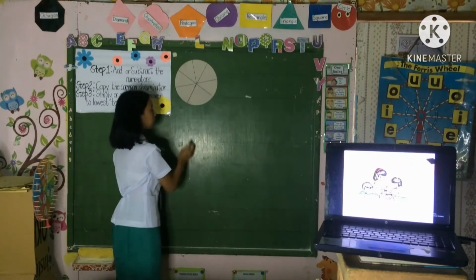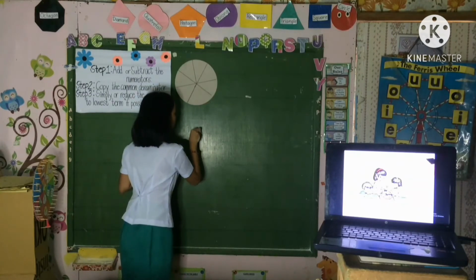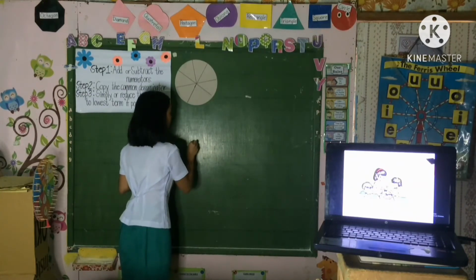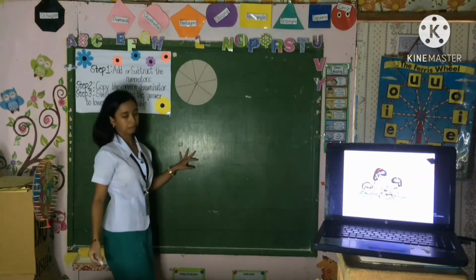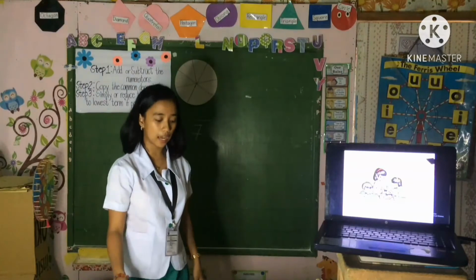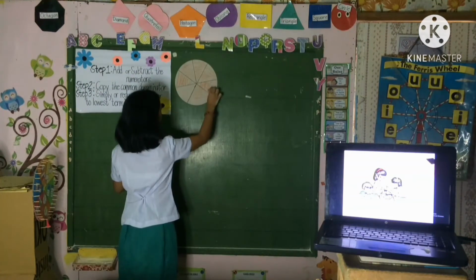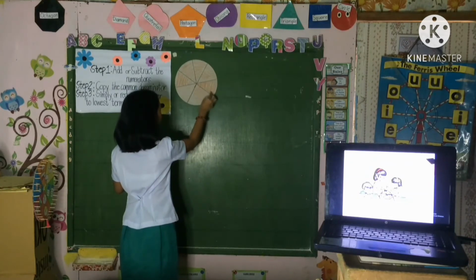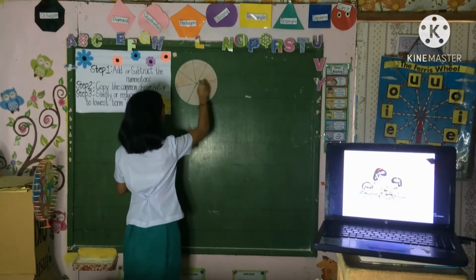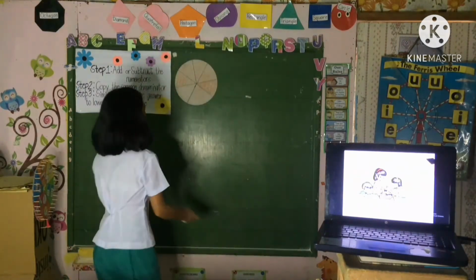Anyone? It is 7, because the whole circle is divided into 7 equal parts. Now, anyone from the class, shade the circle. Okay. So, if 5 parts of this circle are shaded, what is our numerator? It is 5.